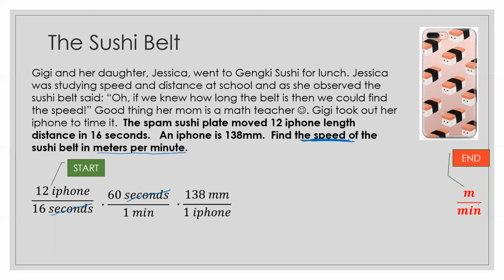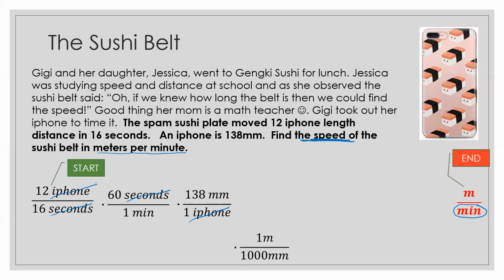Which the denominator is what I want. So that's good. Now I just need to go from iPhone to meter. Well, in the information, it said one iPhone, the length of that is 138 millimeters. So iPhone here divided by iPhone there, I am in millimeters.